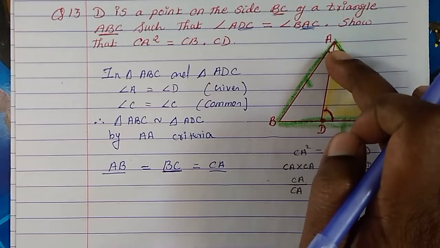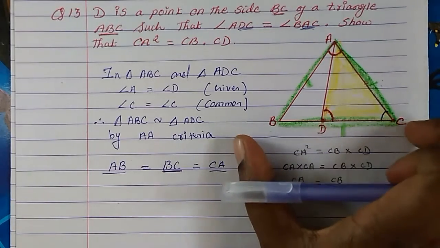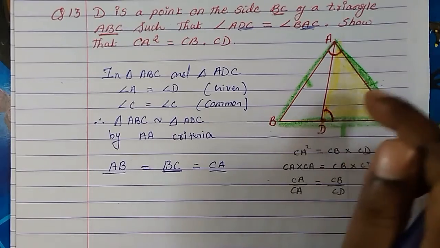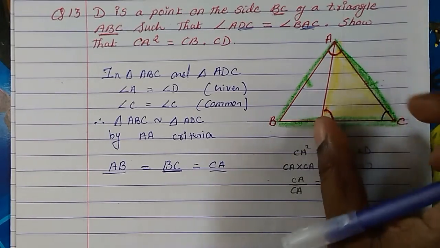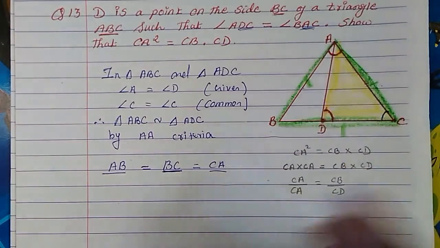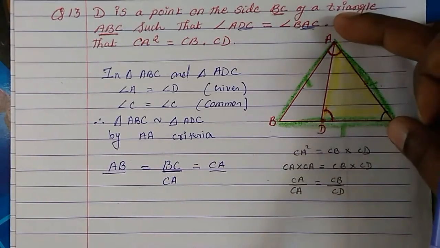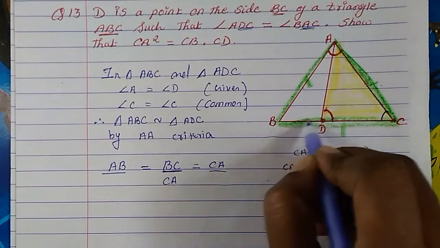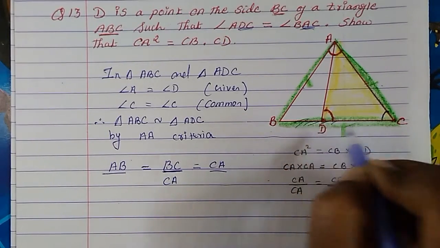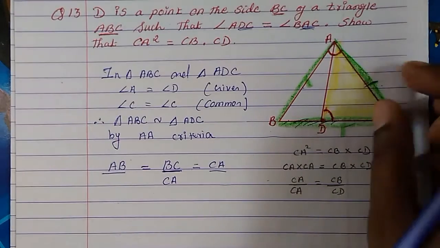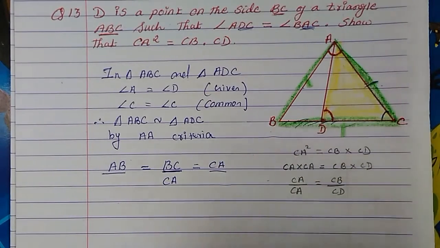For angle A, the opposite side is BC in the big triangle. In the same way, for angle D, the opposite side in the small triangle is CA. So BC upon CA, this side is over now, for the small triangle.